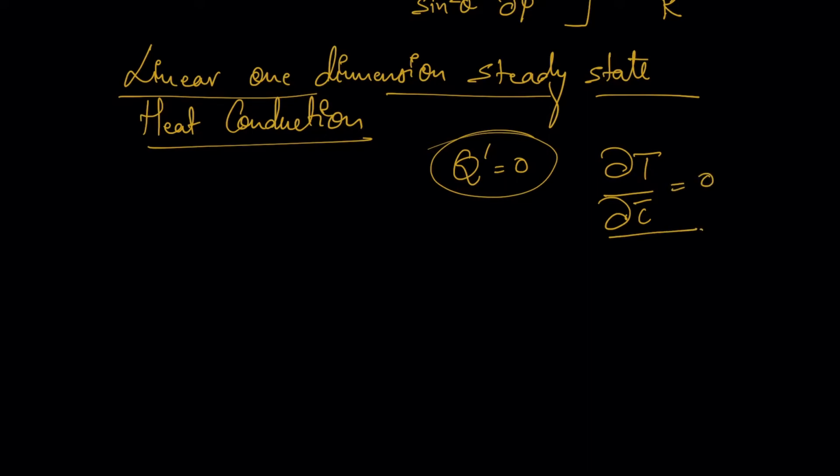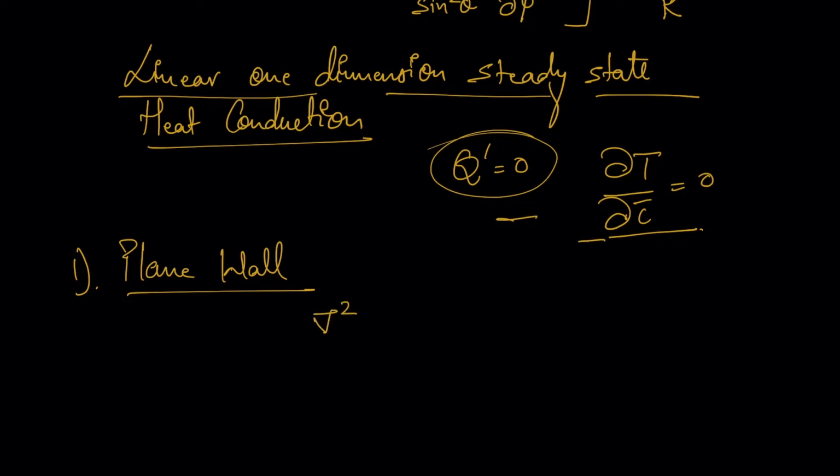Okay, so in a one dimensional steady state system we are going to first consider a plain wall. So in this one, we have seen the general heat conduction equation will become del square T equals 0, right?